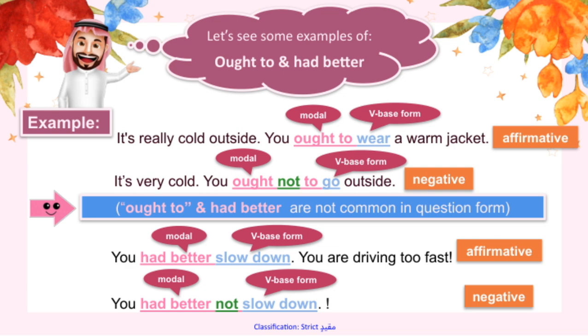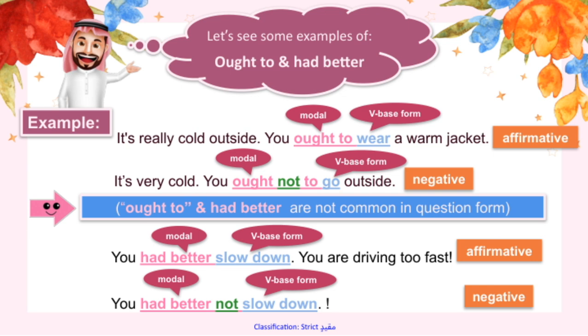On the other hand, if the advice is positive, we say, "You had better slow down," or "You ought to wear a warm jacket." These are recommendations for what you should do, especially in situations like driving too fast or cold weather outside. It's also worth noting that ought to and had better are not commonly used in question forms.